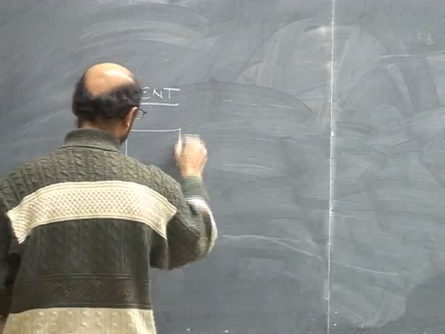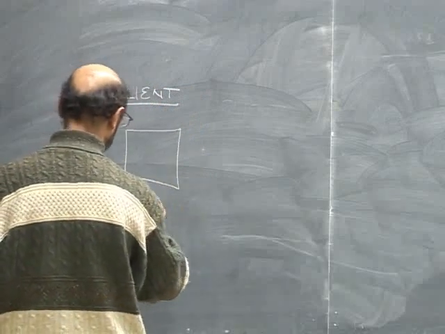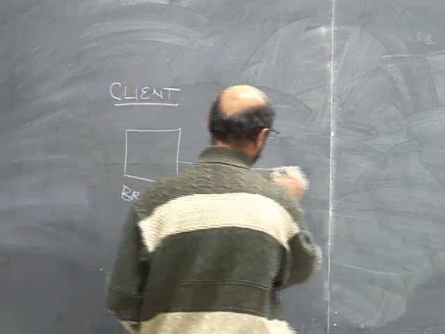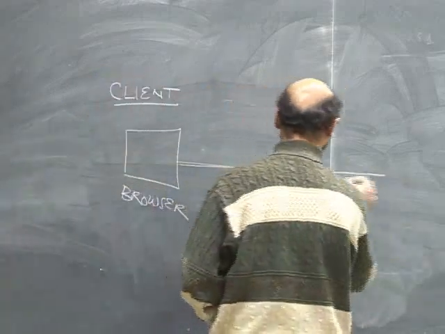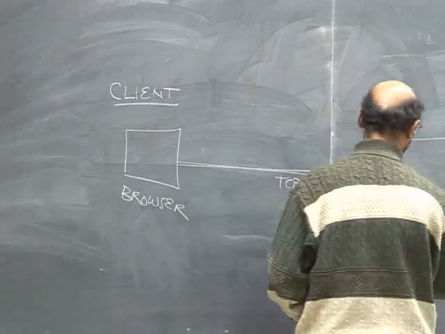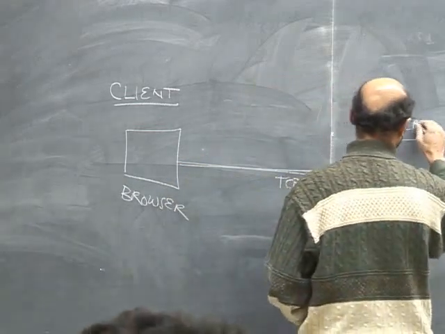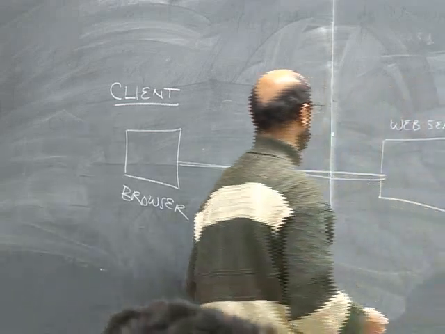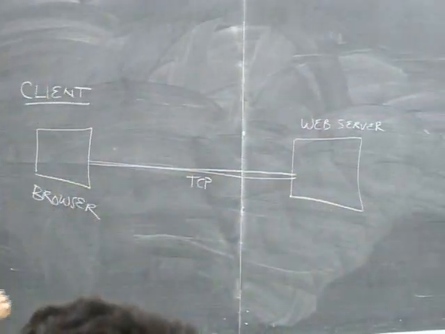And the client is what's called a browser, as you know. And the browser uses a TCP connection to talk to a web server. And it's about as simple as that.